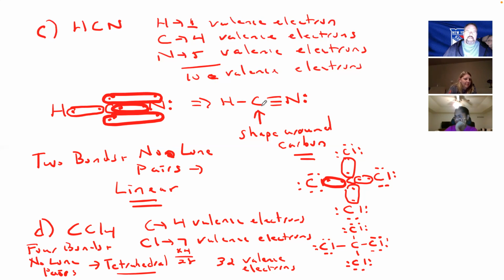Usually the examples that you have are more like CCl4 or OF2, where it's obvious what's in the middle. When we get to the organic part, you're going to see multiple carbons and essentially multiple central atoms. But at this point, the examples here really have a single central atom, and that will determine the shape of the compound.